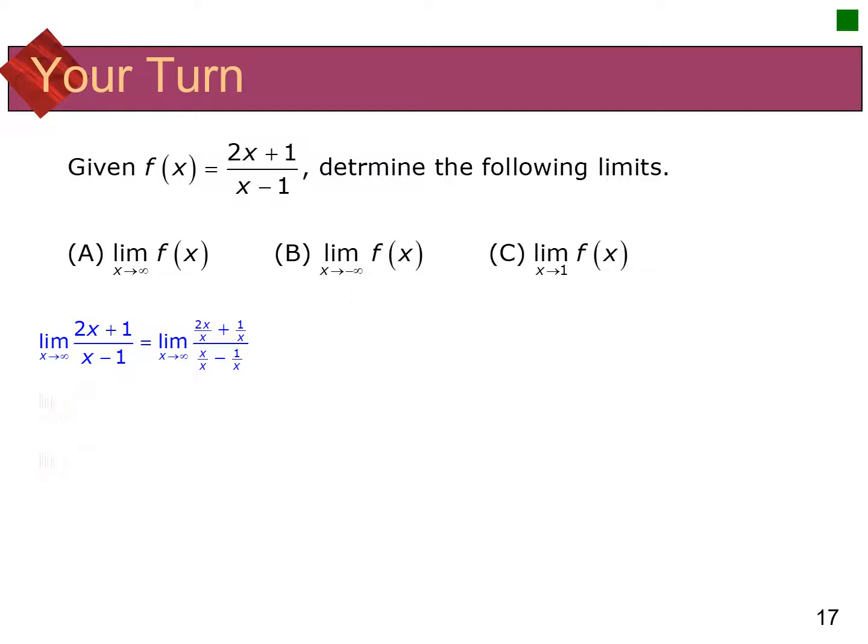When I simplify this, I get the limit as x approaches infinity of 2 plus 1 over x over 1 minus 1 over x. Anytime I have a number over x and x is approaching infinity, which means the denominator is getting infinitely big, that fraction gets infinitely small and approaches 0.